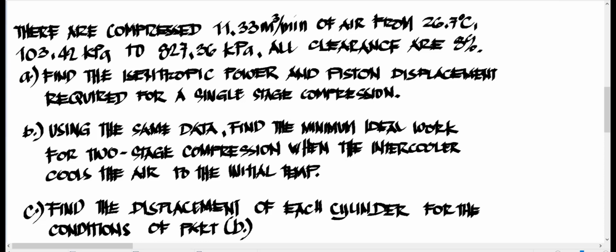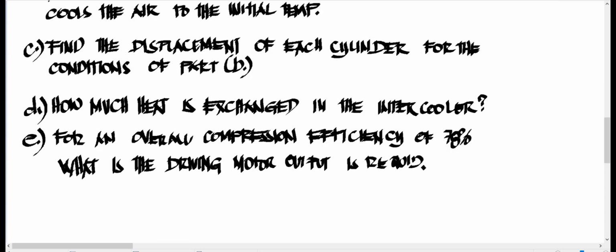B. Using the same data, find the minimum ideal work for two-stage compression when the intercooler cools the air to the initial temperature. And we have C. Find the displacement of each cylinder for the conditions of part B. Then for letter D, how much is the heat exchange in the intercooler?